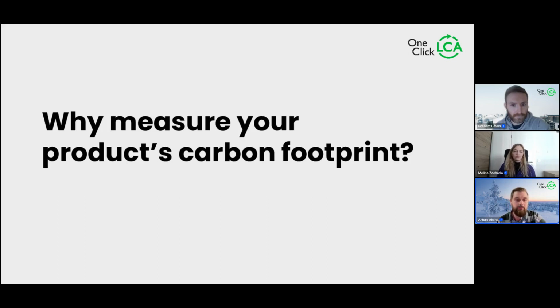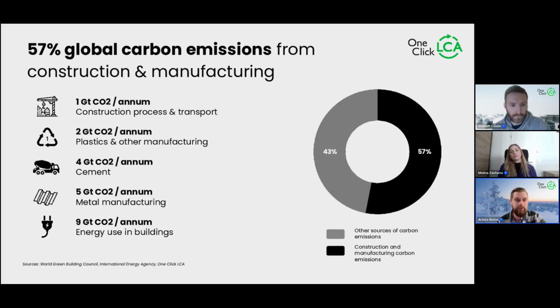Now a bit maybe about why you should produce EPDs and measure your product's carbon footprint. To understand this better, we can look at the scale of the problem that we are facing. Currently, 57% of the global carbon emissions come from construction and manufacturing. We can see here the breakdown from construction processes and transportation. It's about 1 gigatons of CO2.